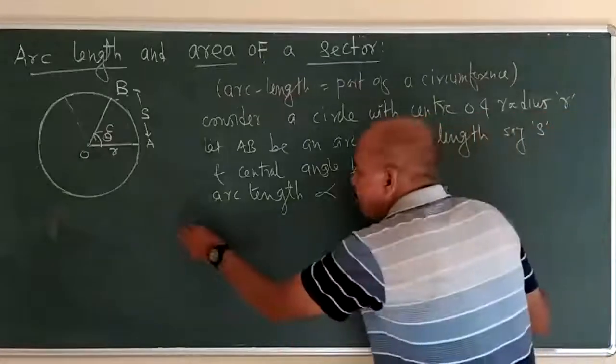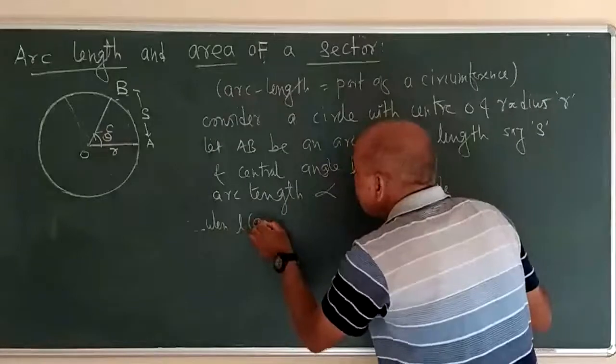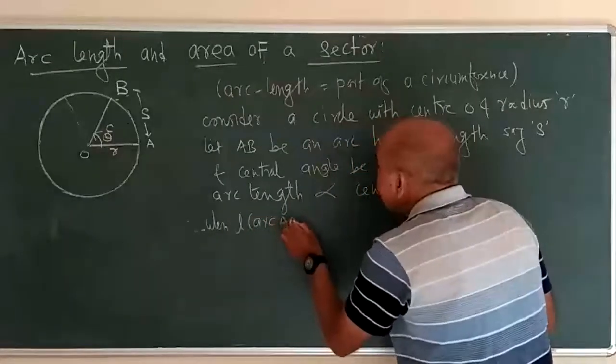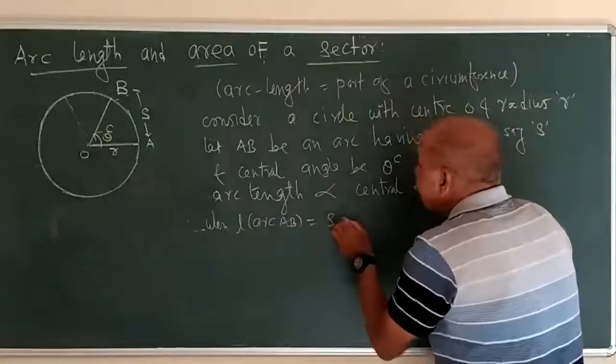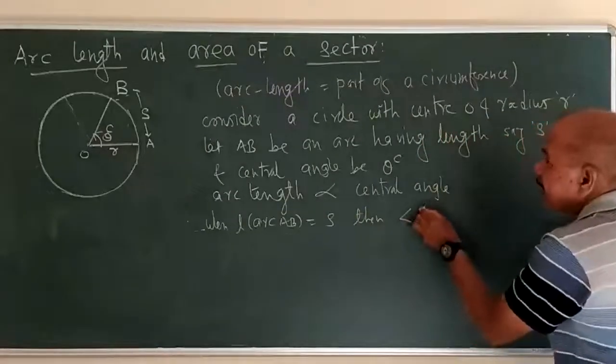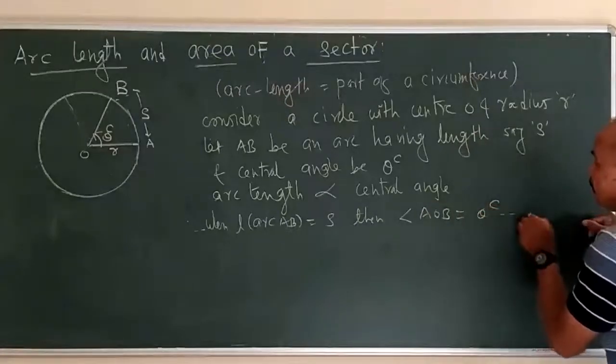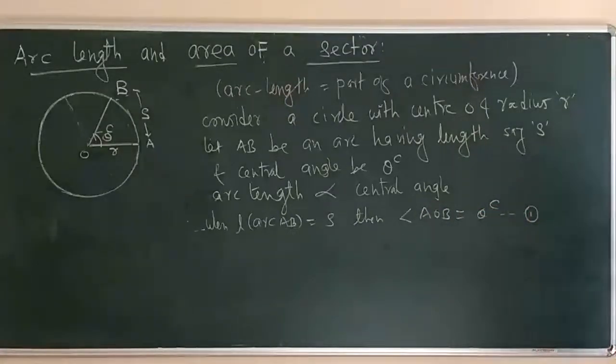And therefore, when the length of arc AB equals S, then angle AOB equals theta radian.